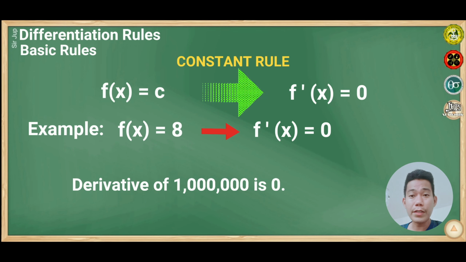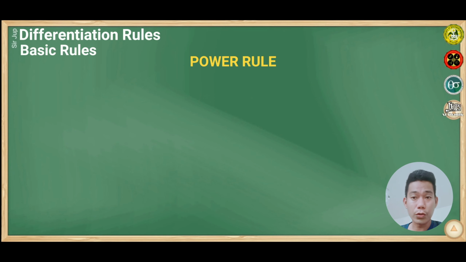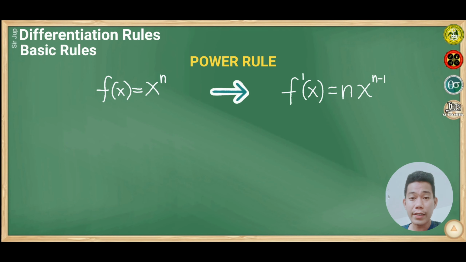The second basic rule is we have the power rule. Okay, so yung power rule guys is yung mga functions na of the form x to the n. Okay? So the power rule states that the derivative of x to the n is equal to n times x to the power of n minus 1.